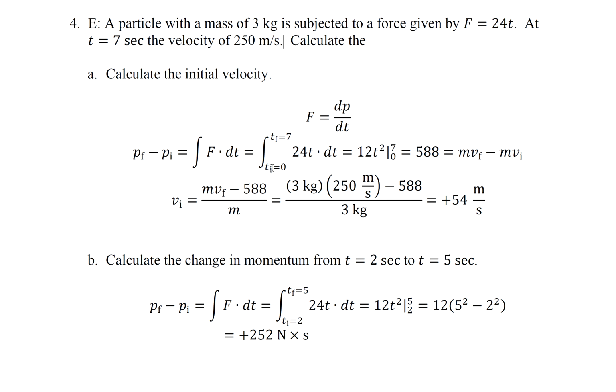So that's why we're going to go from t equals 0 to t equals 7. And we could solve for v initial.